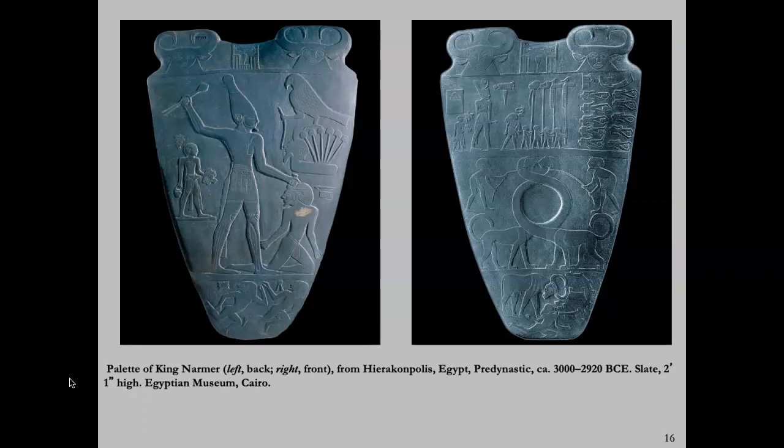We see it carved in low relief, and on the flat back side of the stone, we see a circular depression that was meant to hold eye pigment. Eye pigment was used in ancient Egypt to prevent infection and to prevent sun glare.